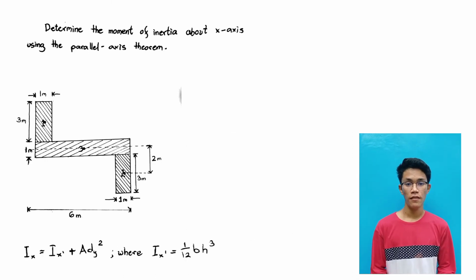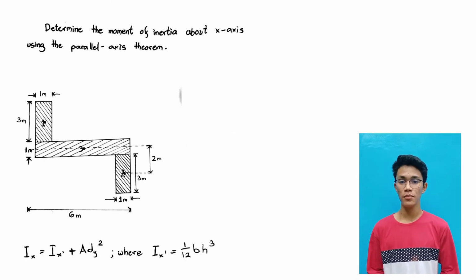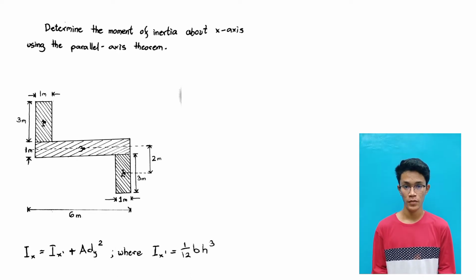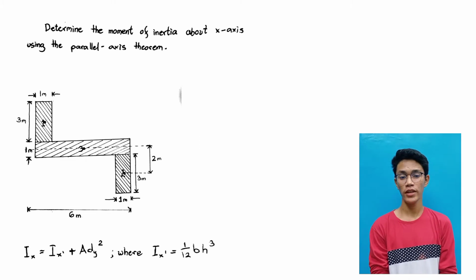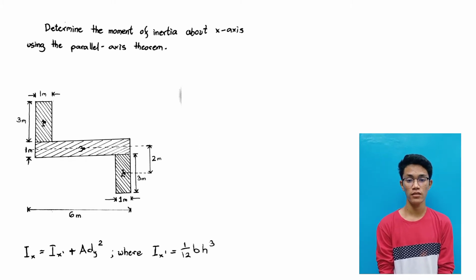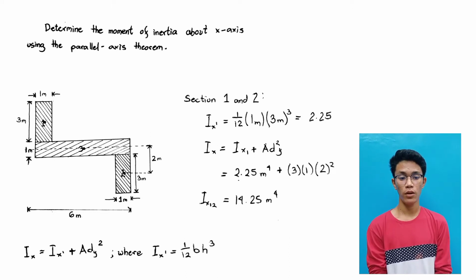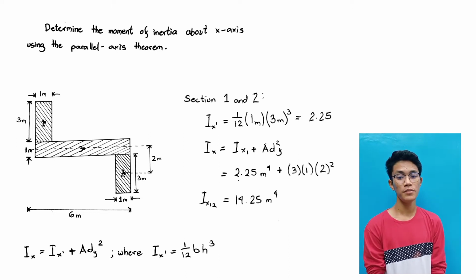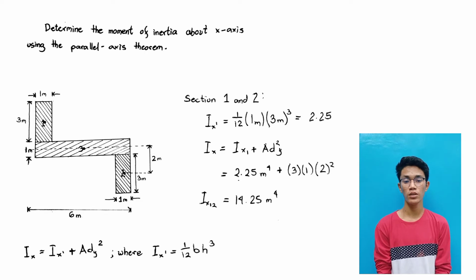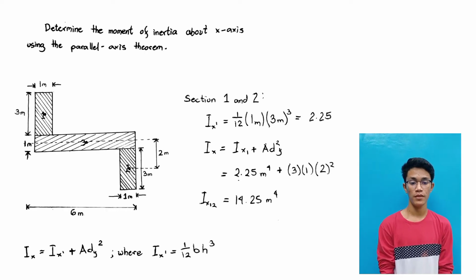As we can see, the section 1 and 2 are symmetrical, so they have the same value of moment of inertia. Let us solve for centroidal moment of the section 1 and 2. Ix prime is equal to 1 over 12 times 1 times 3 cubed, which is equal to 2.25.